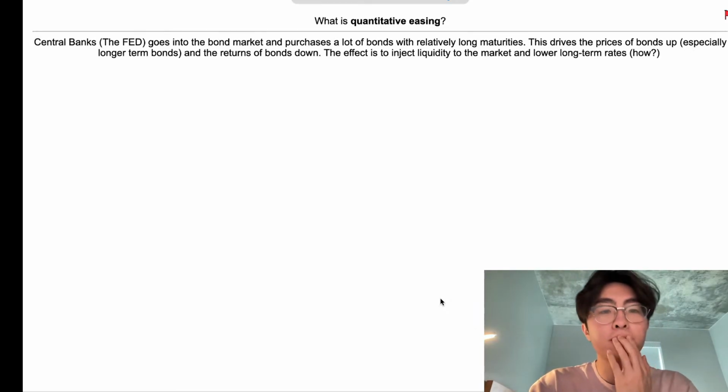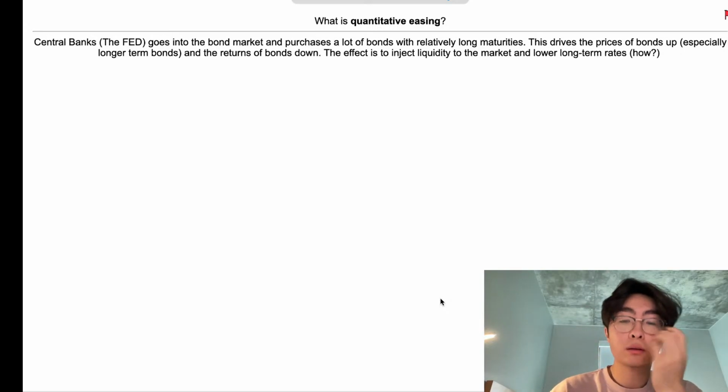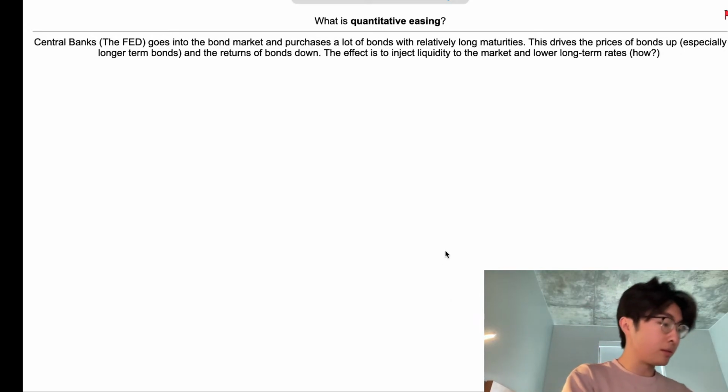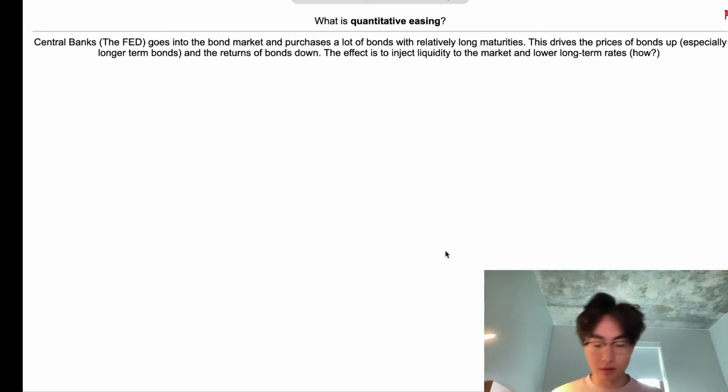Let's see. So this book talks about quantitative easing.